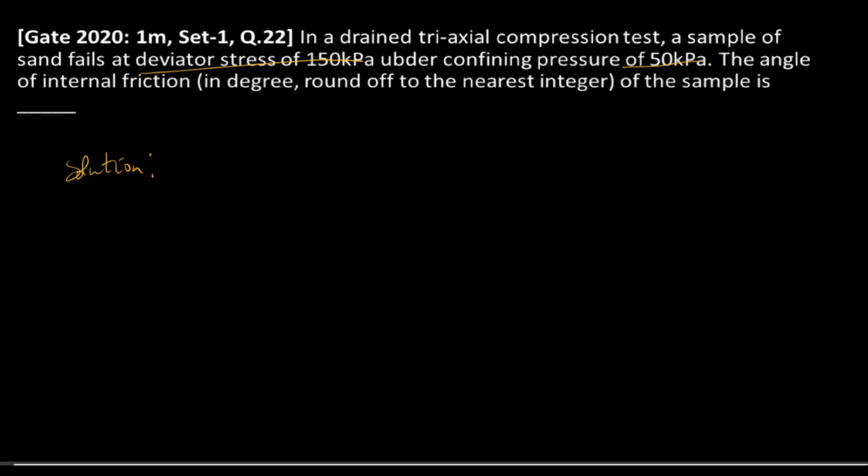Since the sample is sand, it will have no cohesive forces, so c will be equal to 0. Okay. So they have given the deviatoric stress sigma d, which is 150 kilopascal, and the confining pressure sigma 3, which is 50 kilopascal.